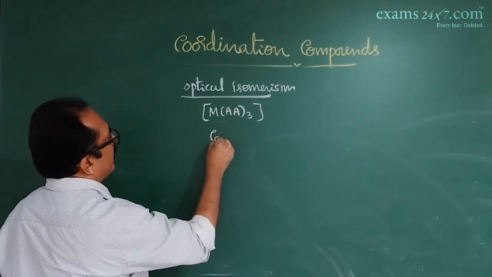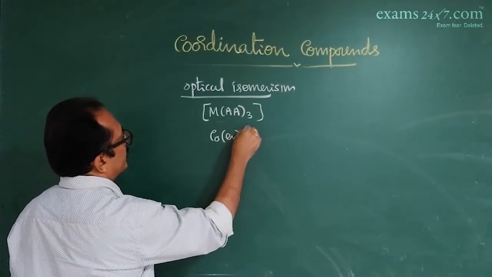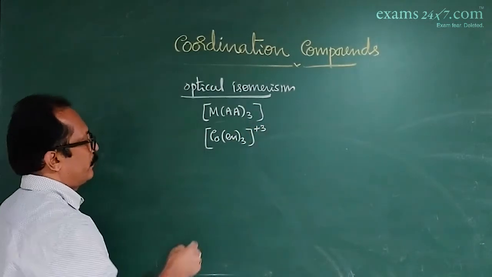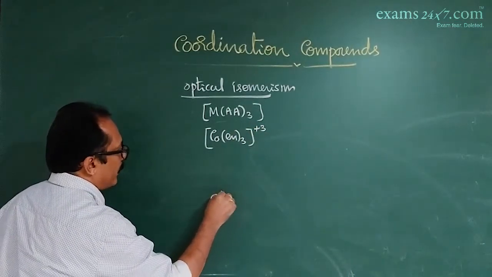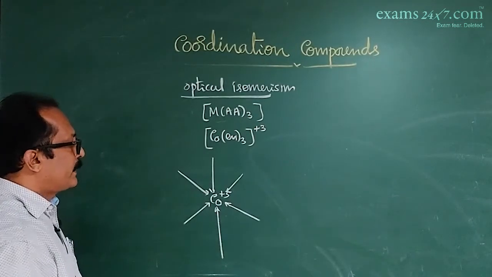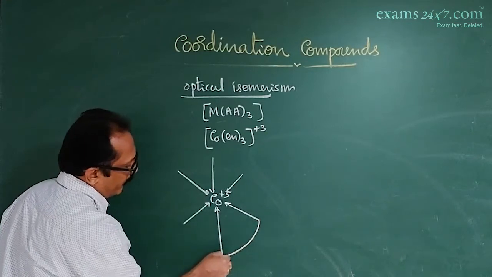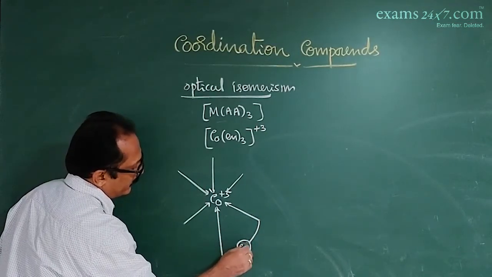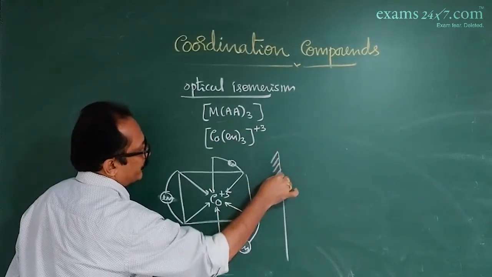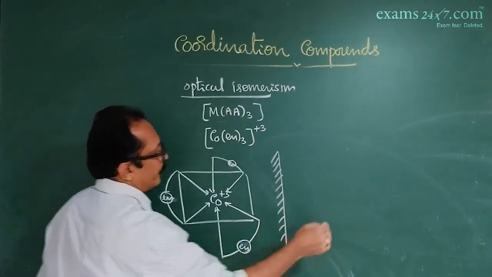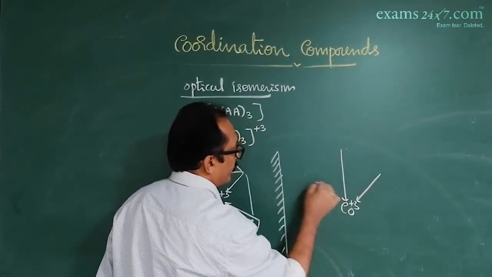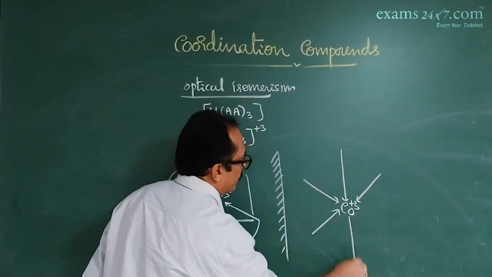We can go for one example. Tris(ethylene diamine) cobalt with +3 charge. The central metal ion is cobalt. There are three ethylene diamine ligands. If you arrange the ethylene diamine ligands in this way, the mirror image of this isomer is non-superimposable.